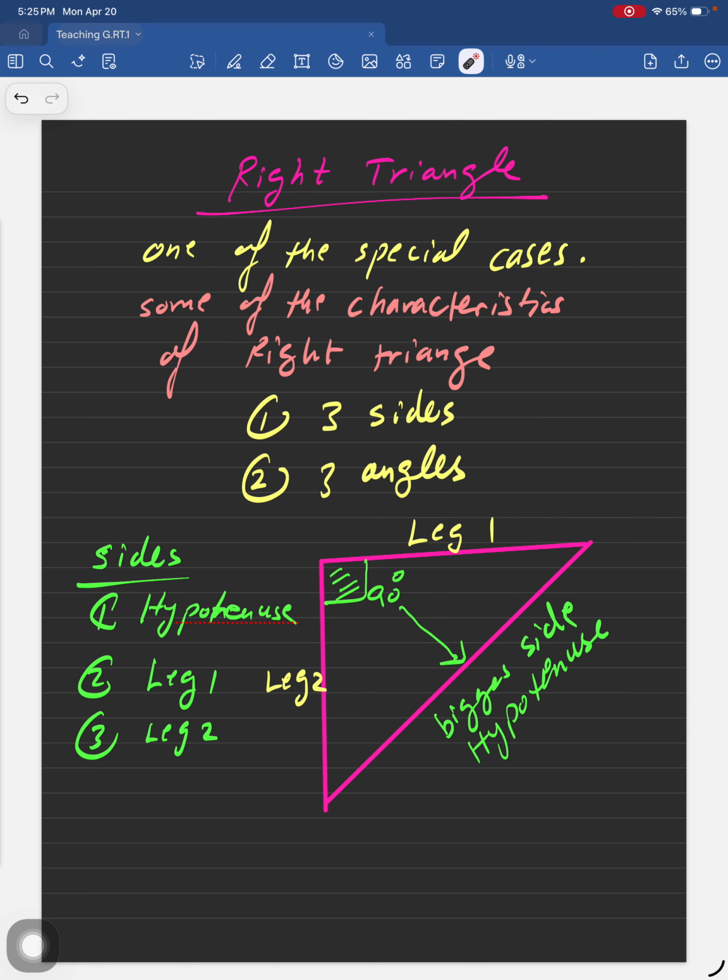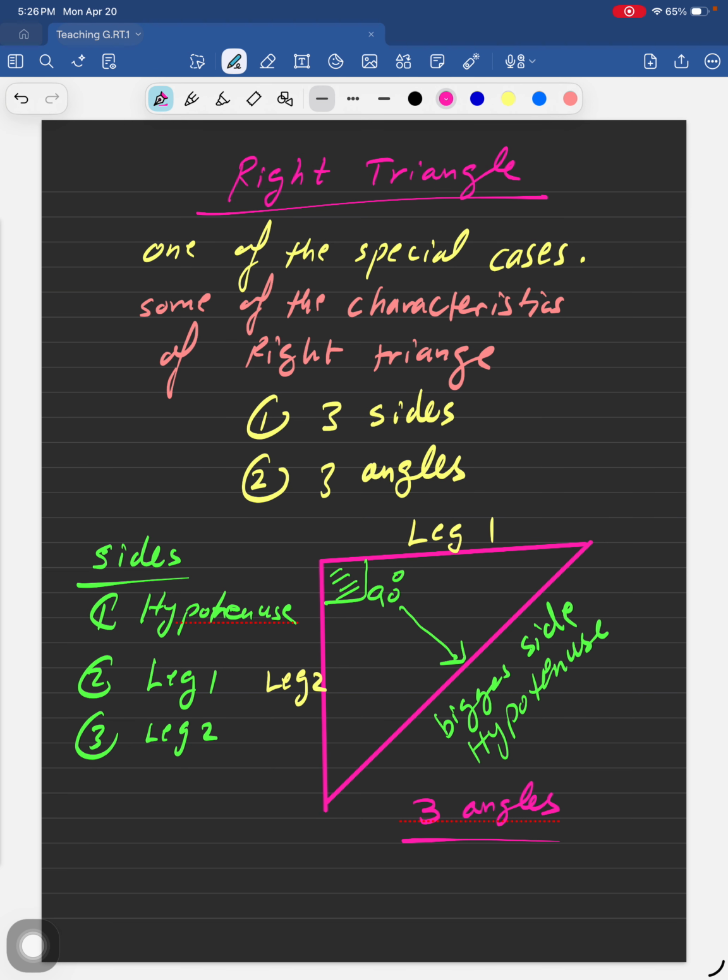Now, the second characteristic is the angles. Any right triangle has three angles.